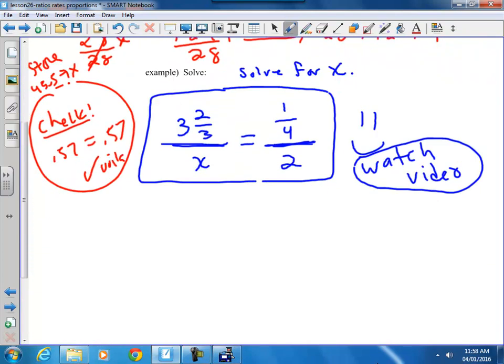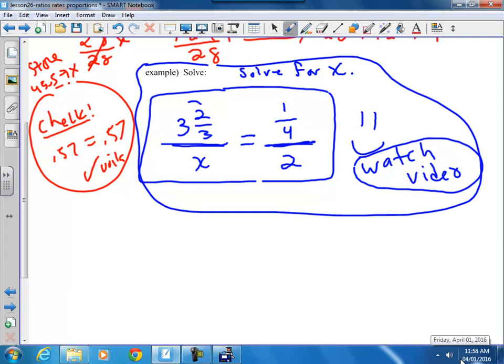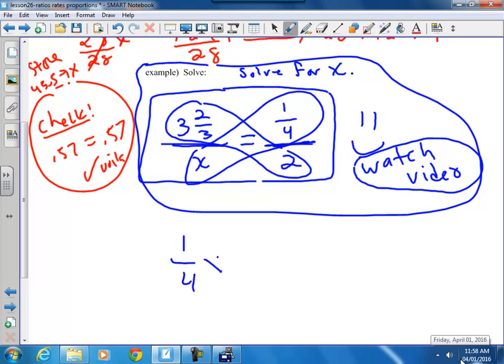Okay, let's try this example. I thought this would be a lovely one here with the fractions. We're dealing with fractions, so means extremes. So 1/4 times x, 1/4 x equals, well, what's 2 times 3 and 2/3? I'm not going to think about it mentally. I'm just going to write it out and step it out bit by bit.